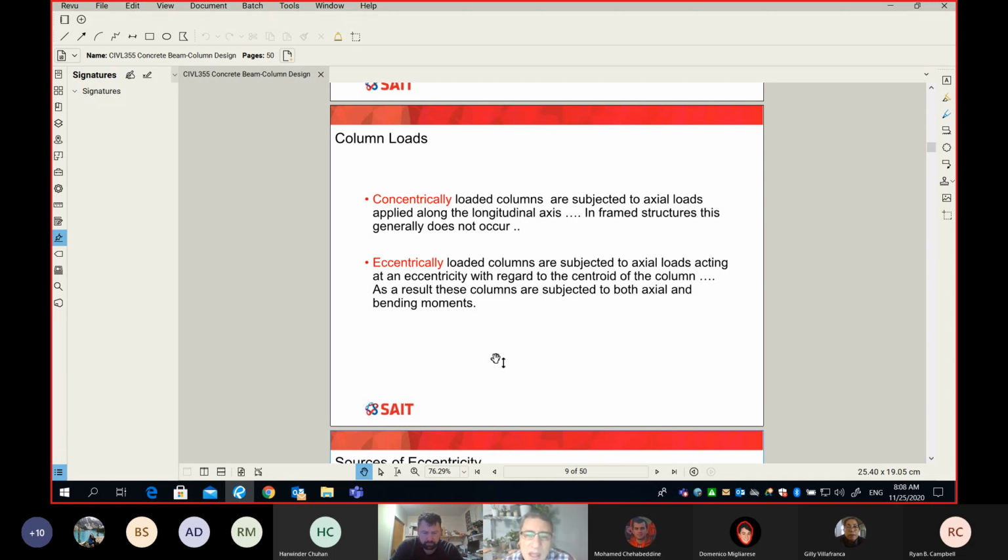However, if the applied load moves from the centroid of the cross section, causing what we call eccentricity, it will cause a bending moment, and this column is called eccentric column.